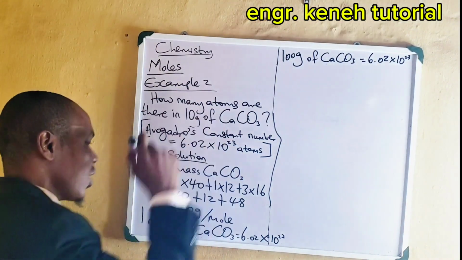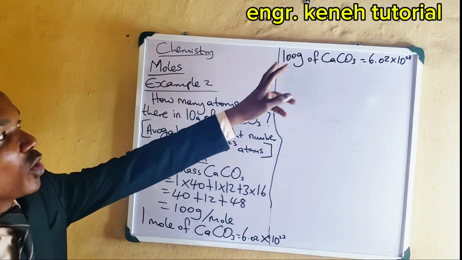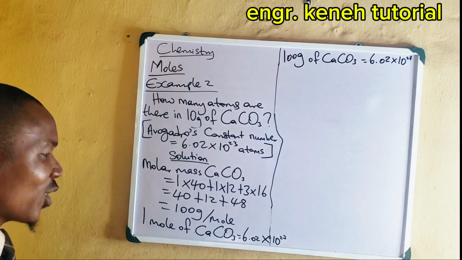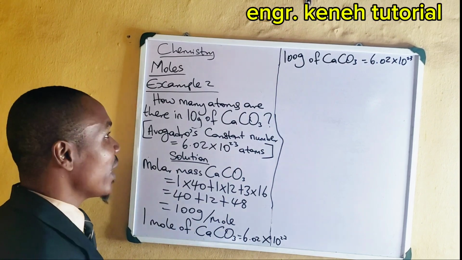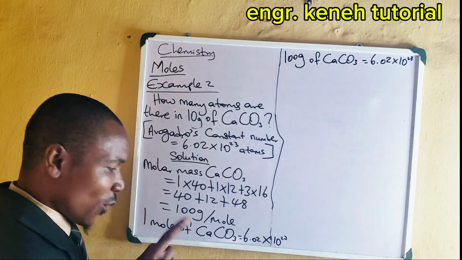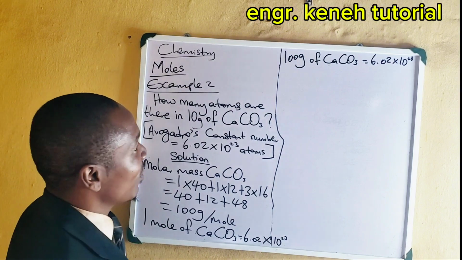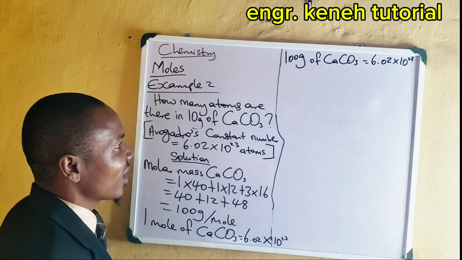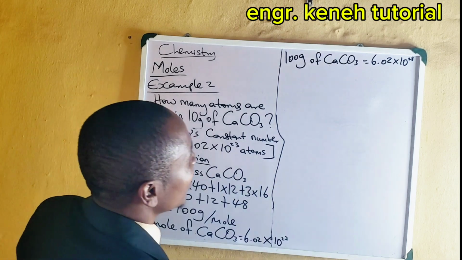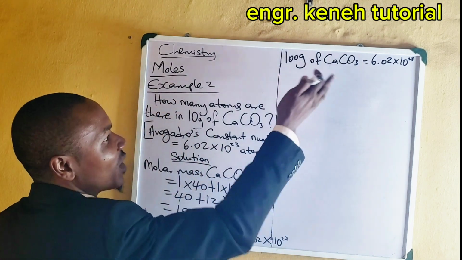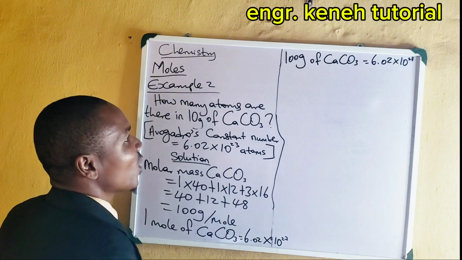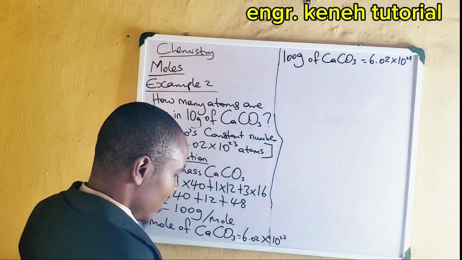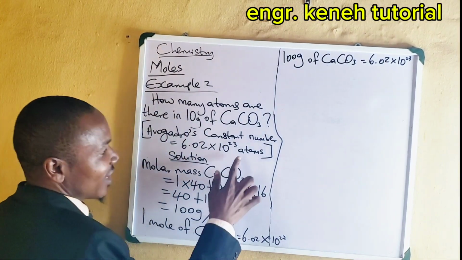Why is it like this? Because it is 100 grams of calcium trioxocarbonate(IV) that will make 1 mole. The mass of 1 mole of calcium trioxocarbonate(IV) is 100 grams. So 100 grams of this, which is equivalent to 1 mole of that, will give you this number of atoms. Remember, they said atoms.